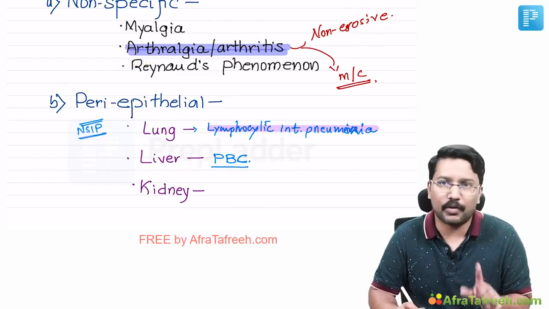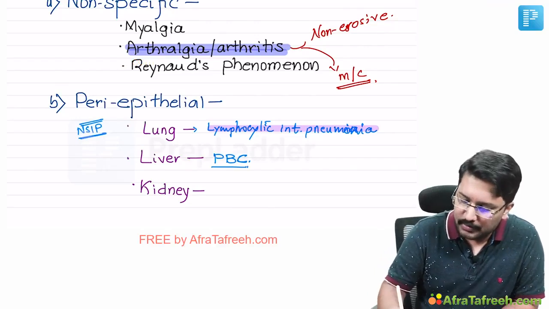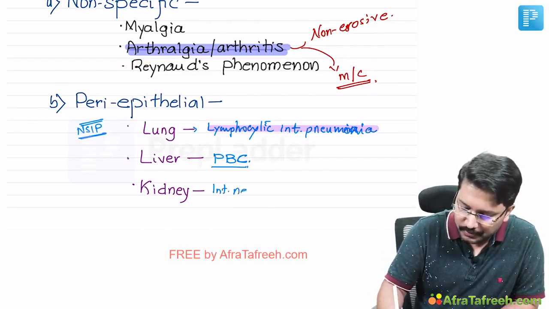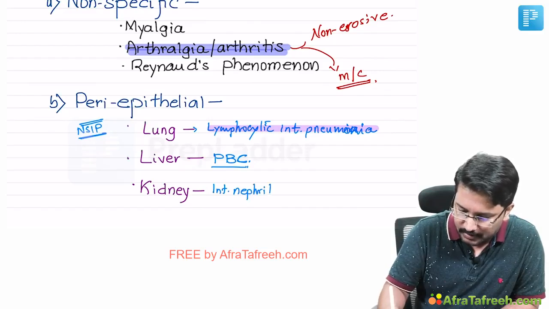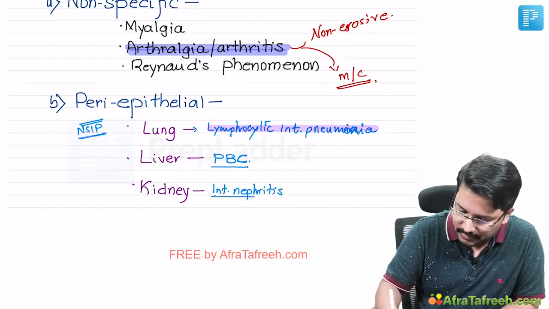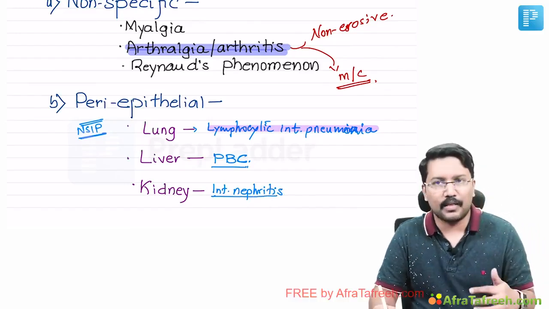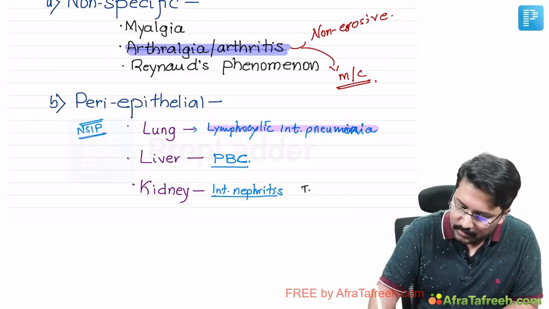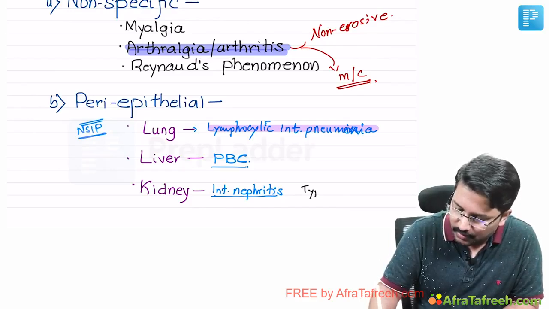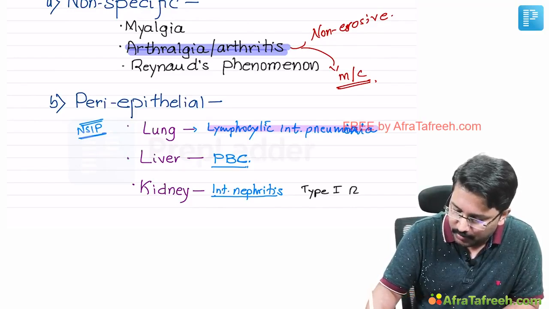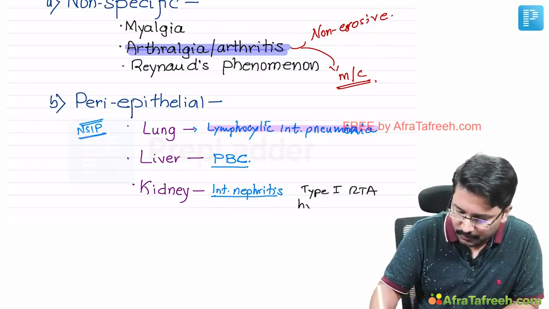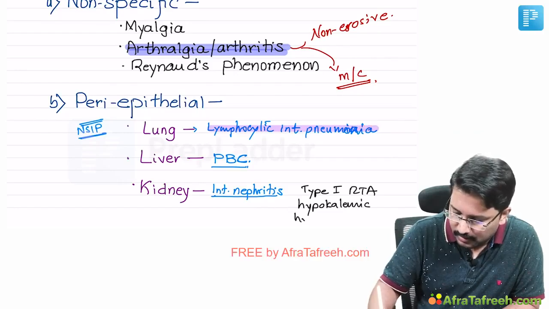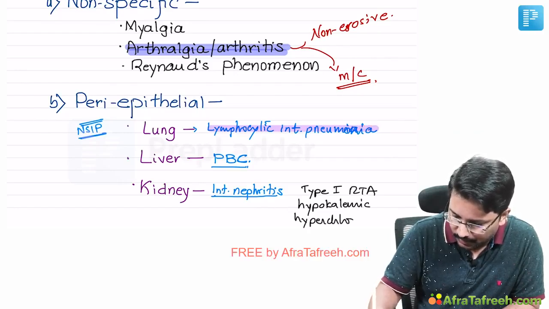Now, kidney involvement, I am talking about periepithelial, right? So, lymphocytic infiltration of the kidneys can manifest in the form of interstitial nephritis. And when they develop interstitial nephritis, the clinical outcome is patients developing distal tubular acidosis or type 1 renal tubular acidosis, which causes hypokalemic hyperchloremic acidosis, right?